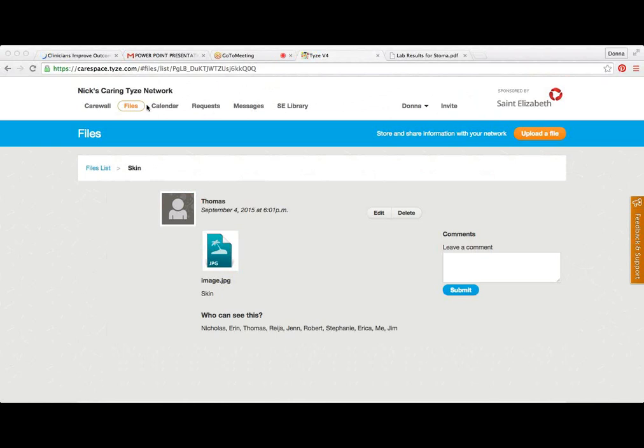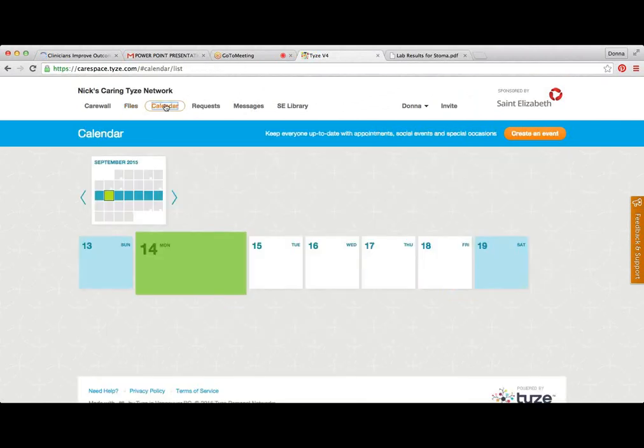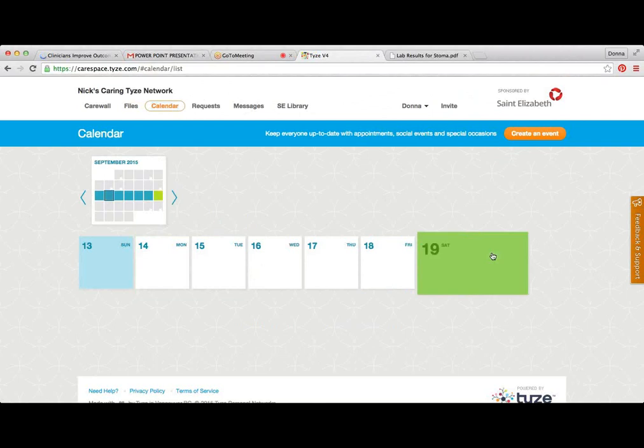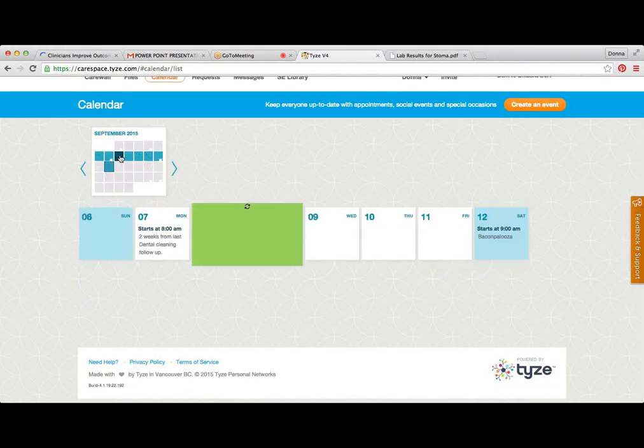In terms of the calendar, if there's a dot, it indicates that there is an activity that day.